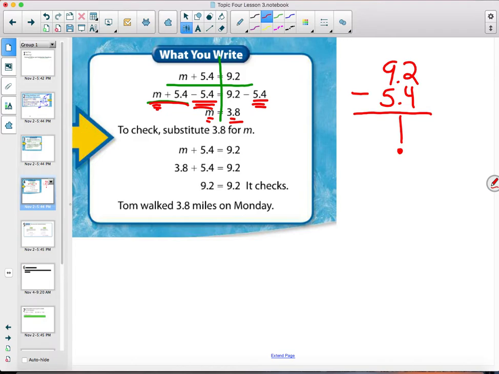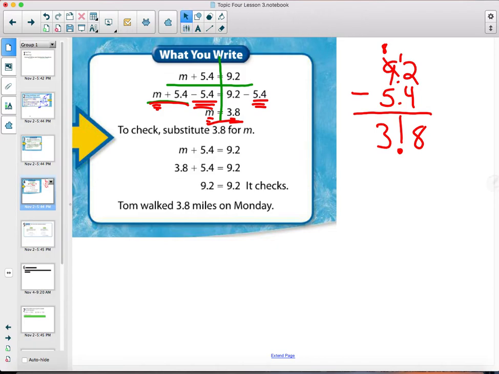So now to take away 4, we have to borrow from 9, that becomes 8. Regroup, 2 becomes 12. 12 take away 4 is 8. 8 take away 5 is 3. So our answer, the value of m, is 3 8/10.